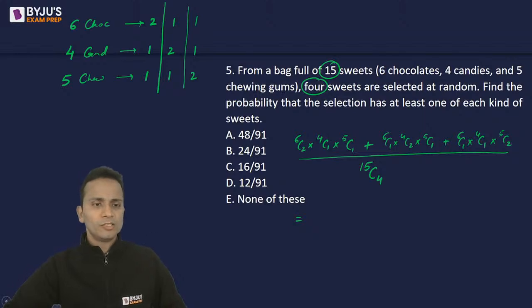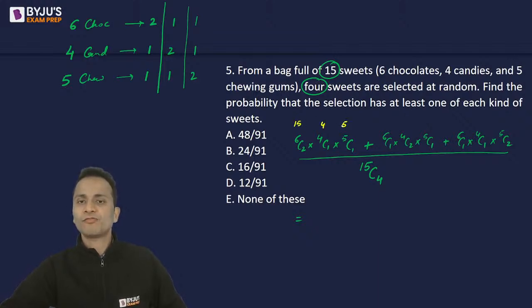6C2. So I'll keep writing the values above that. So 6C2 is 15, and this is 4, and this is 5. Then 6C1 is 6, 4C2 is 6, and 5C1 is 5. Then this is 6, 4, and 10.